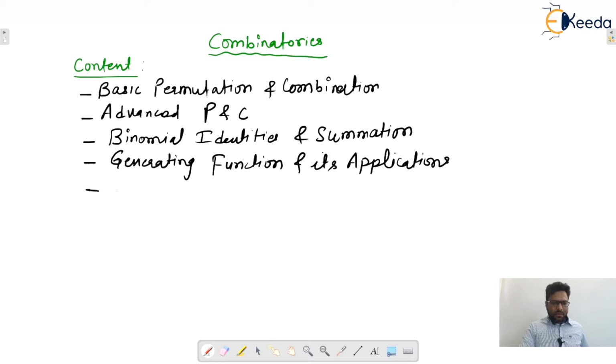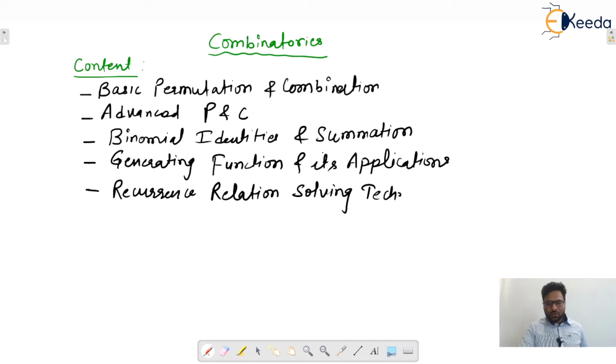And finally we'll see recurrence relation solving techniques. So this is the content in combinatorics, the second chapter in discrete mathematics.